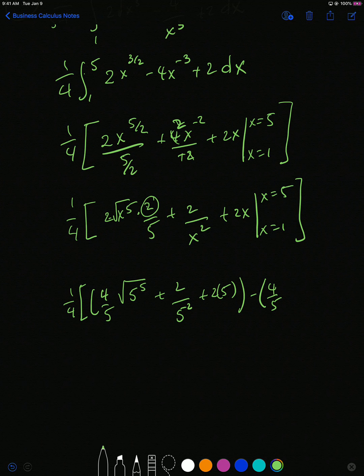The 4/5 comes from 2 over 5/2, 2 times 2 is 4, 1 times 5 is 5. 4/5 of the square root of 1 to the 5th power plus 2 divided by 1 squared plus 2 times 1. Because all of that gets multiplied by 1/4.